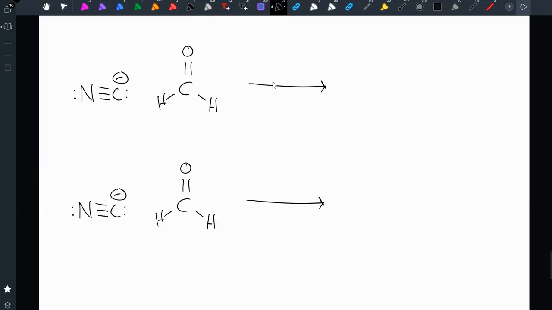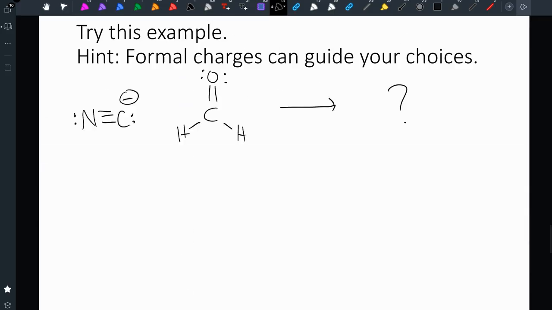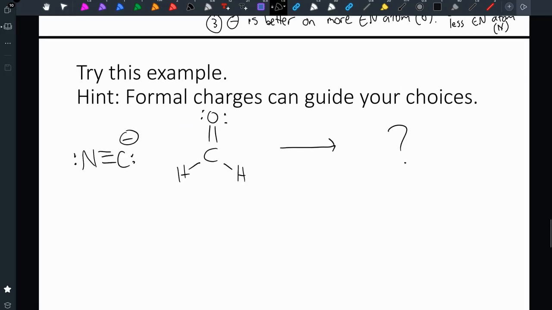All right, hopefully you paused and took some time to come up with some possibilities. I'm going to walk you through my thought process here. When I see these two molecules, first I'm going to think about partial charges. I notice that the molecule on the left is actually a negative ion.